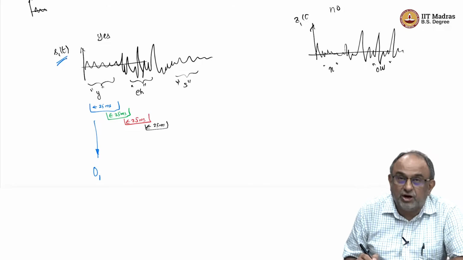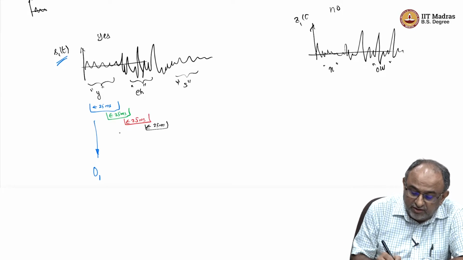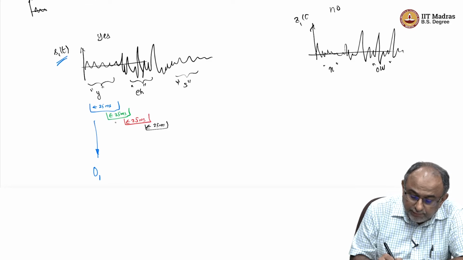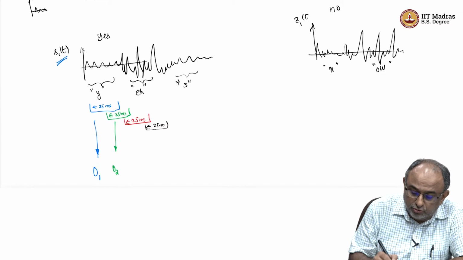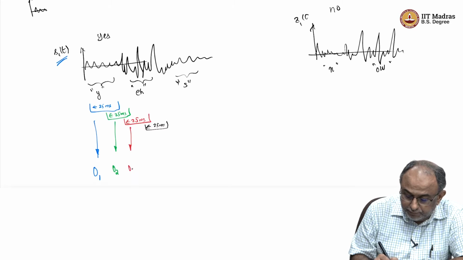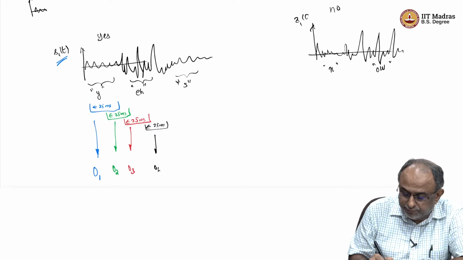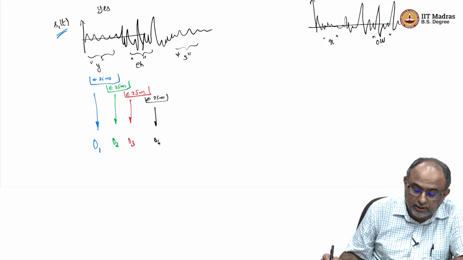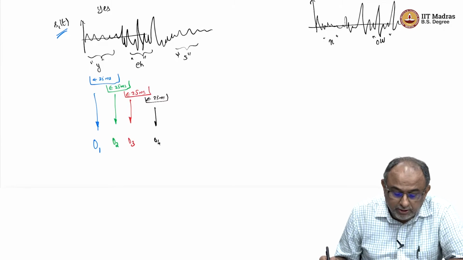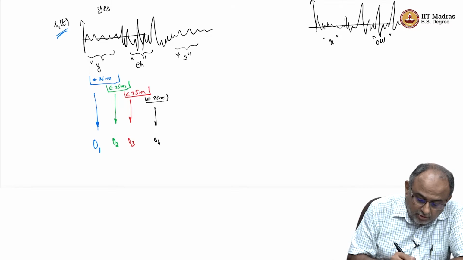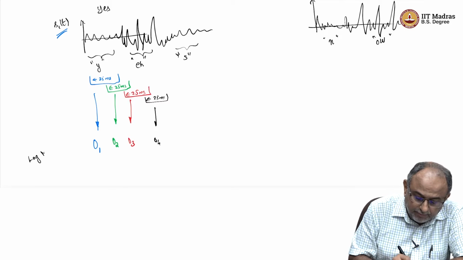So now each of these are going to produce O1, O2, O3, O4 and so on. These are the log Mel filter bank features.